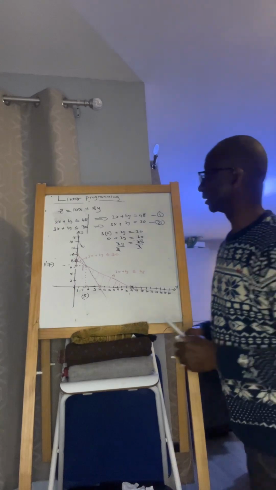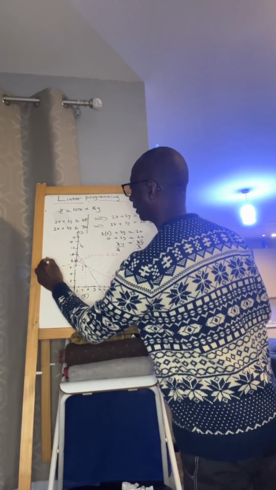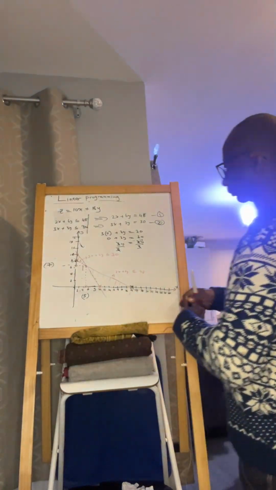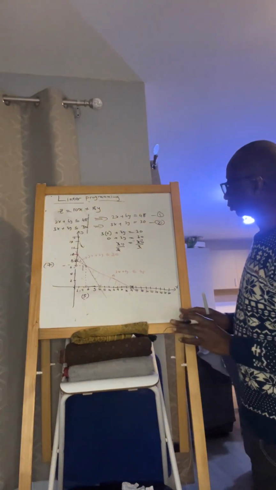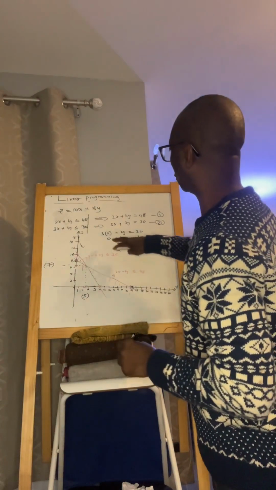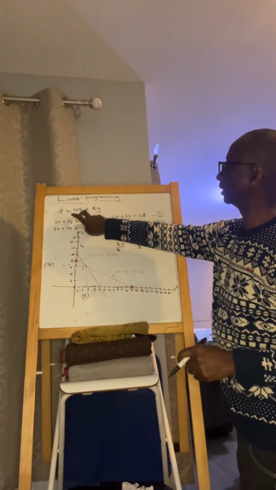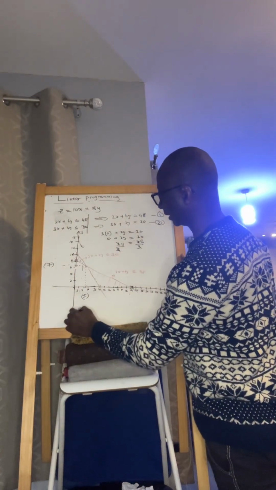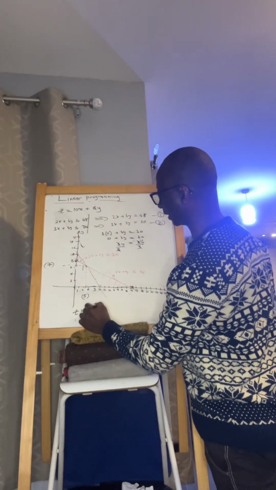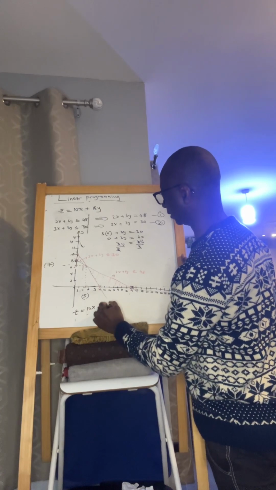So what that means, for you to get your final answer, to maximize, you come back to your original objective function. The objective function says z equals 10x plus 18y.